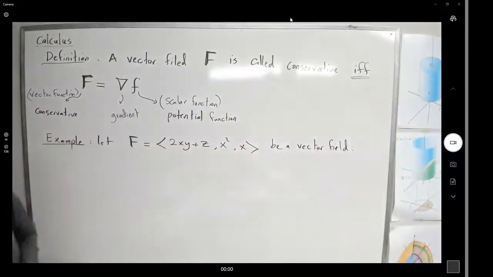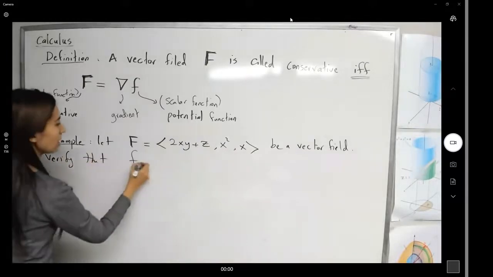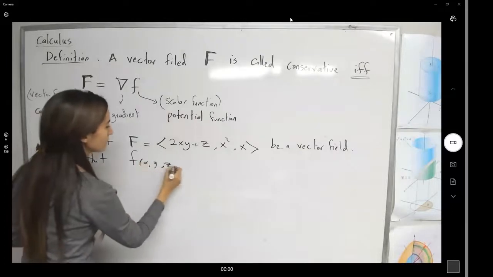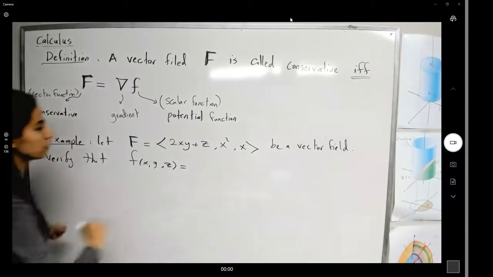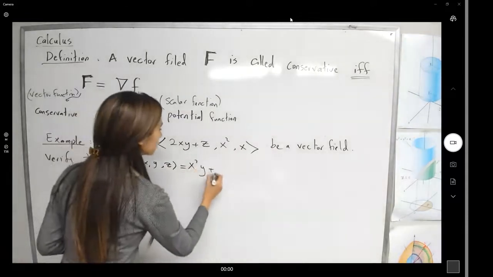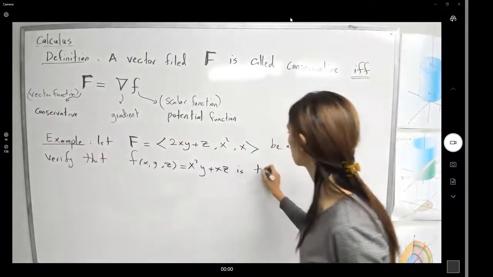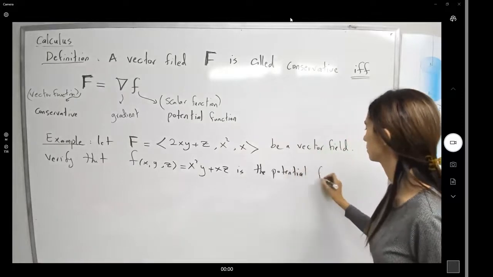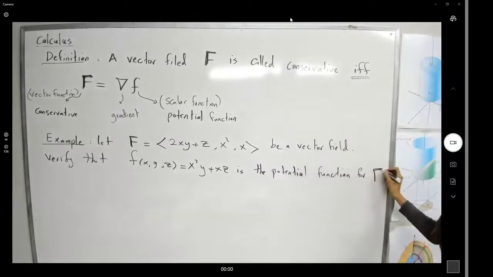The question says, verify that f of x, y, and z, which is equal to x squared y plus xz, is the potential function for F.